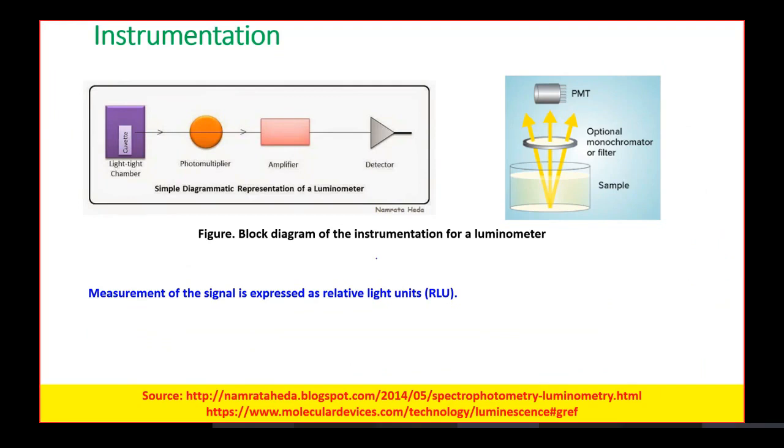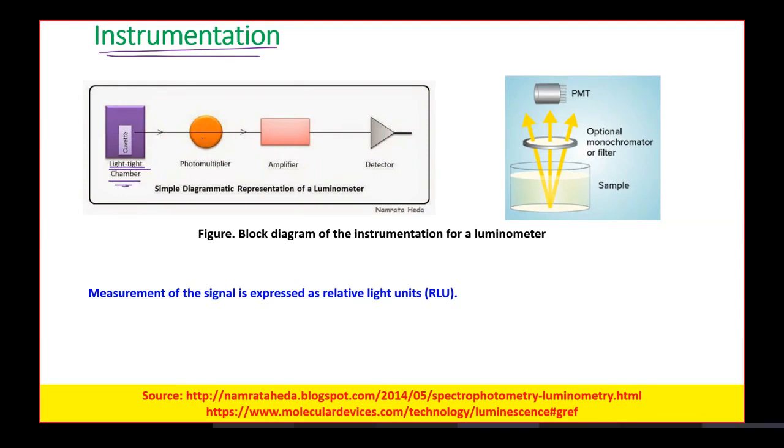Now coming to the instrumentation part, I've already told you the basics of this. You have the cuvette over here. Now you cannot do it in an open area because the room light and everything will interfere with your measurement. So you have to keep your cuvette within a light tight chamber.